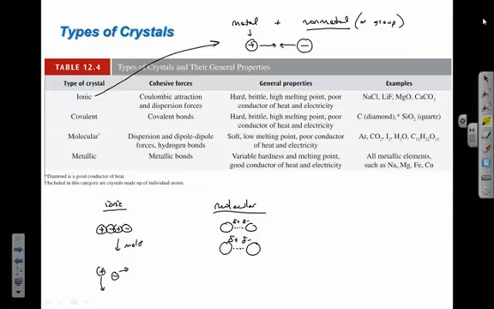Even so, I still have only partial charges, so it doesn't take much to break those attractions and get these particles to flow around independently. So the melting point is usually much lower.